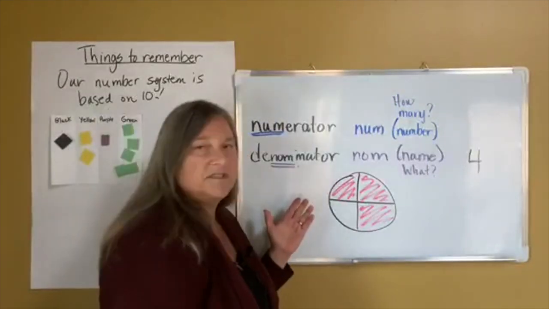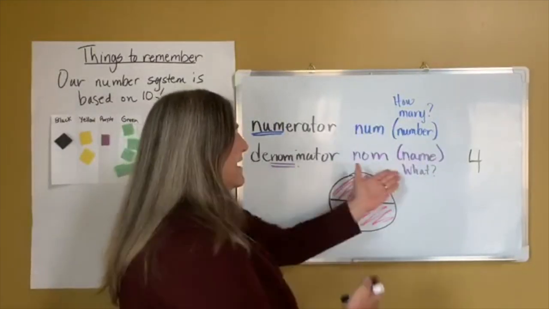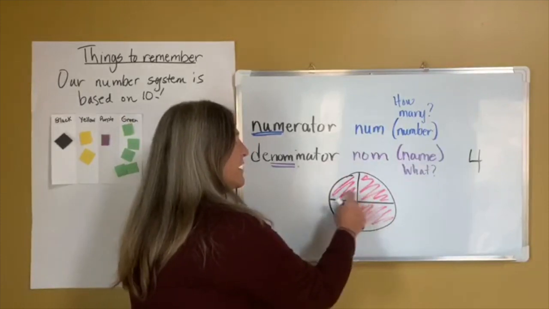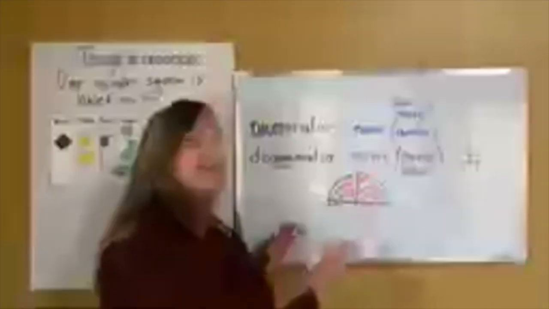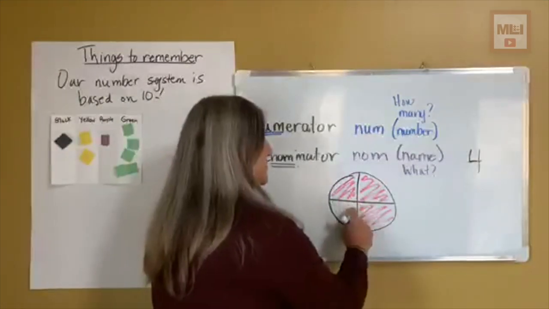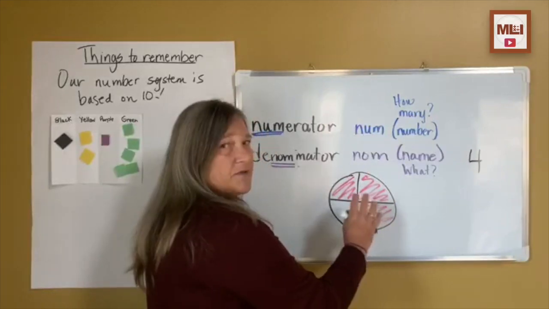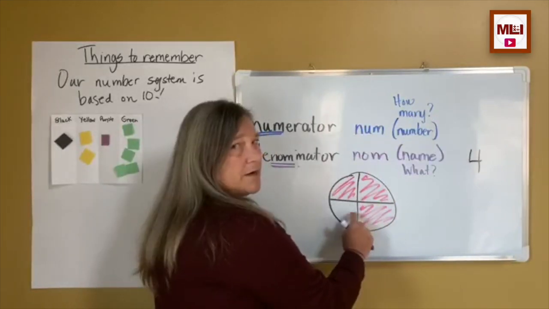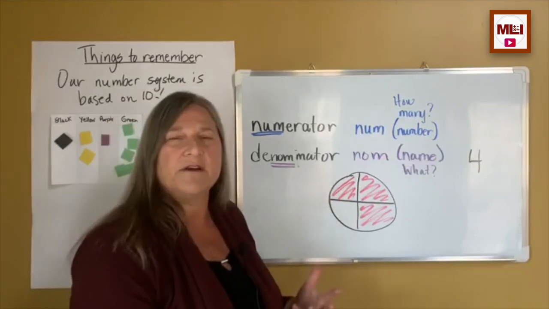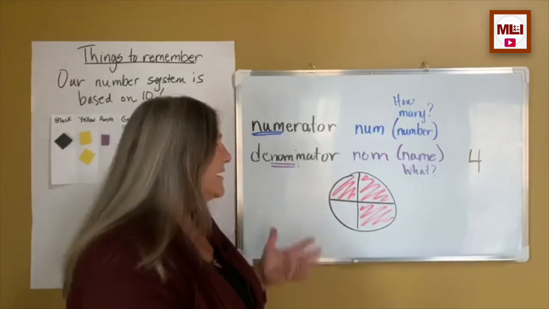Well, the first thing is the name of each piece, and this is where it gets a little tricky, because it's the name of all the pieces in that whole. How many pieces? 1, 2, 3, 4. That's the name. So each one of these is a 4. I know we say fourth, but for right now, when you're just starting to talk to your child at home, it's a 4.